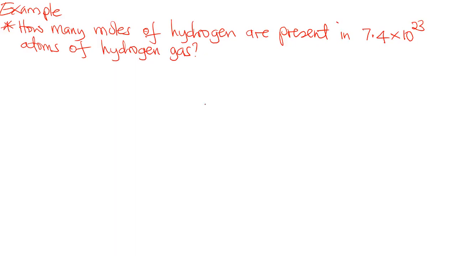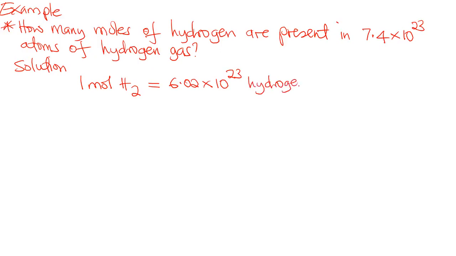So what you need to know is the solution. We know that 1 mole of hydrogen gas is equal to 6.02 times 10 to the power 23 hydrogen atoms.